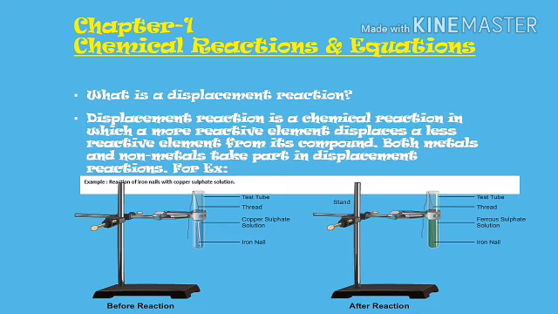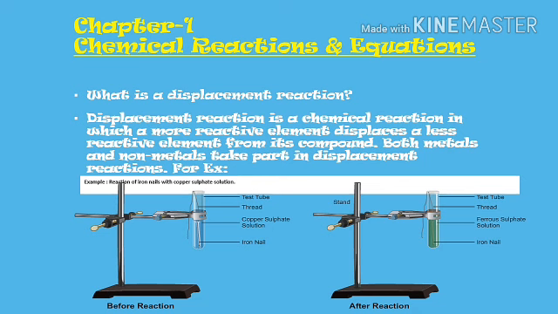There is a test tube which has a copper sulfate solution with an iron nail in it, and we saw that after the reaction the copper sulfate solution converted into ferrous sulfate solution and the color of the solution changed. This also shows that there is a chemical reaction, which is the first point I have already told you.